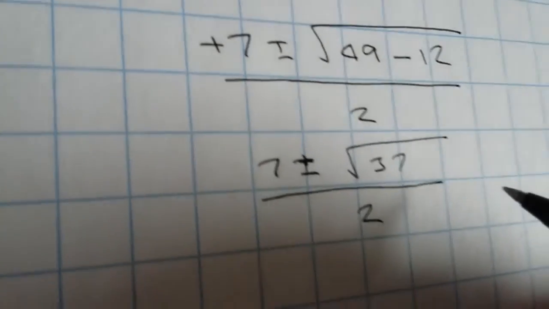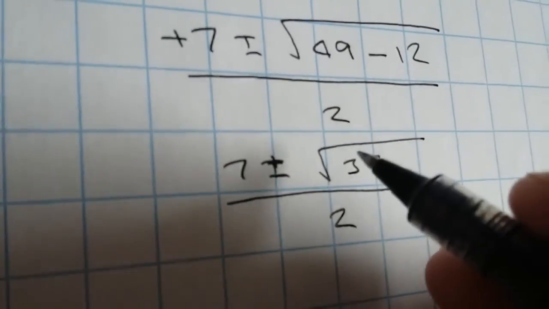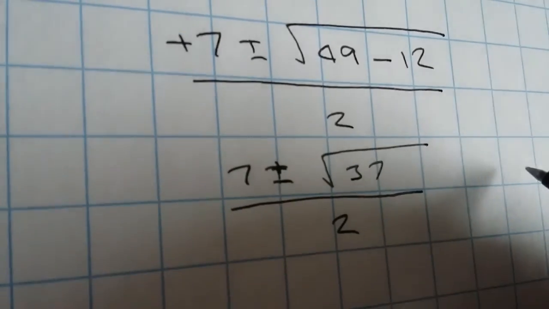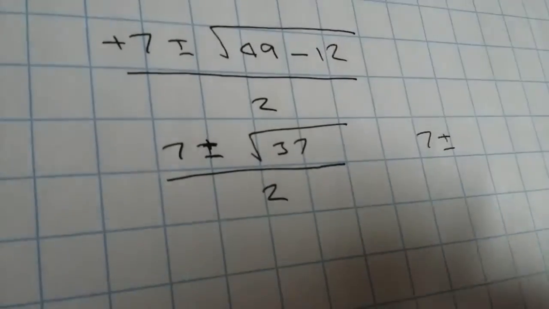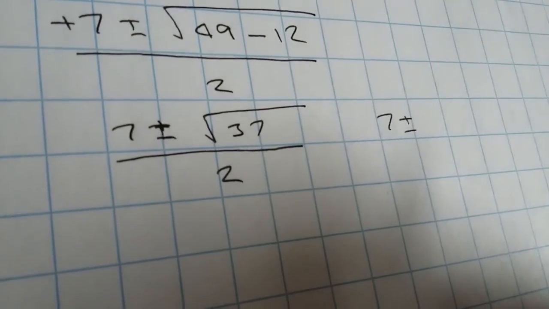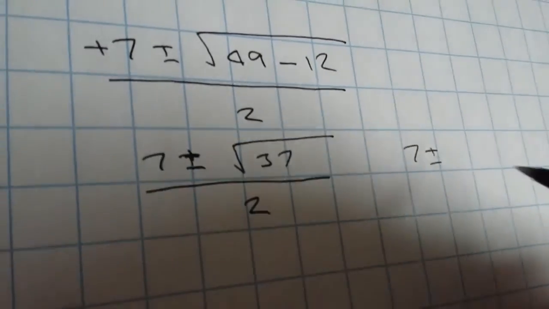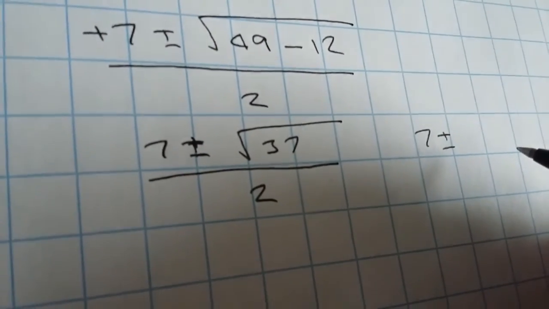If you get one like this, it's going to be on the calculator paper, because obviously you can't square root this. It's going to be 7 plus or minus, I just had to go and get my daughter's trusty pink calculator. That came out to be 6.08278.